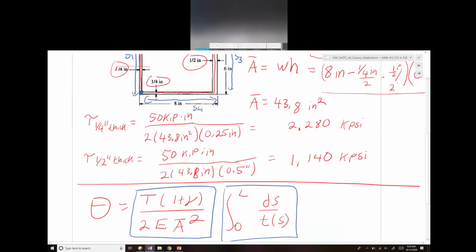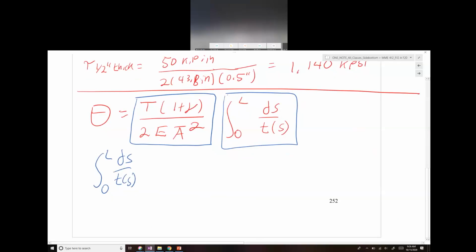So we'll start with side 1. Okay, so T of s is constant along side 1. It's equal to 1/4 of an inch. So we could bring it outside of the integral. And then the integral of ds is just going to be the length of S1.